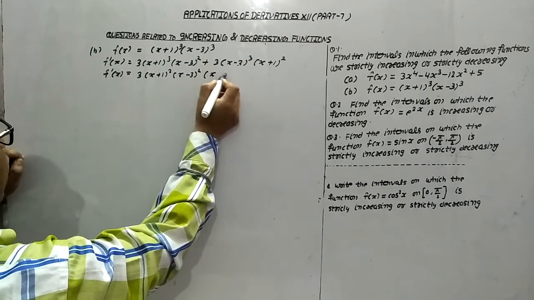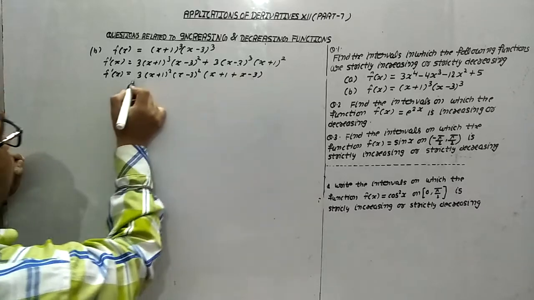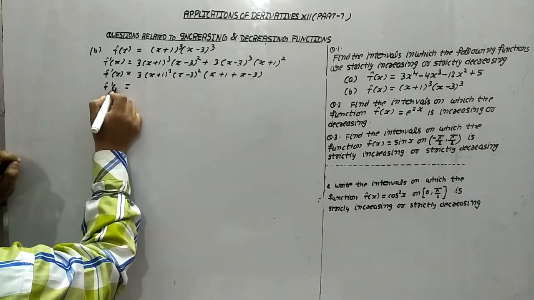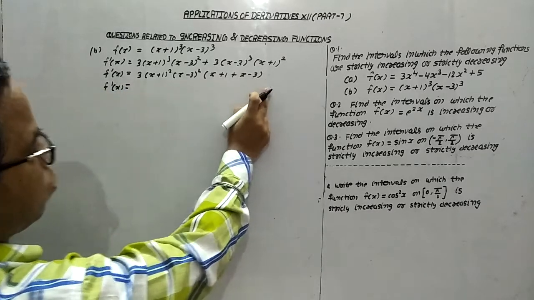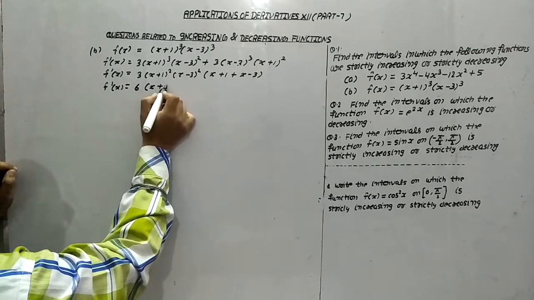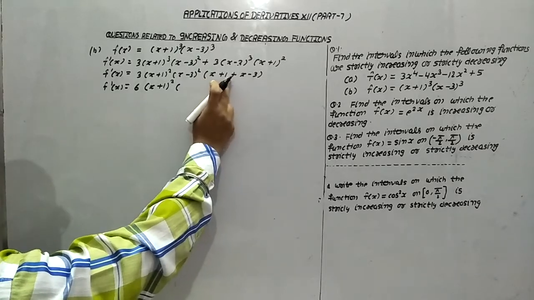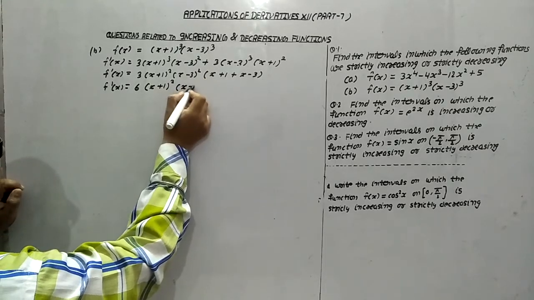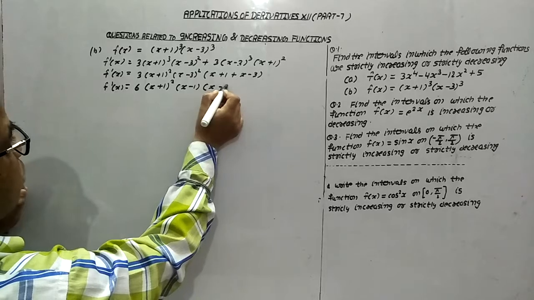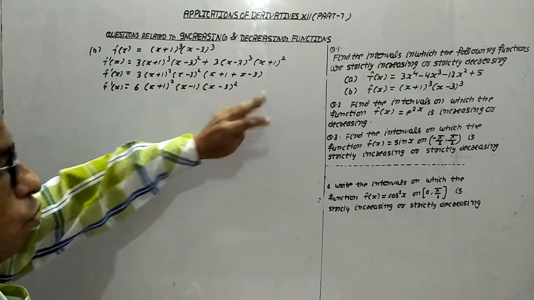What is left? (x + 1) + (x − 3). It means f'(x) = 3 into 2, which is 6, (x + 1)²(x − 1)(x − 3)², because here we get 2x − 2.